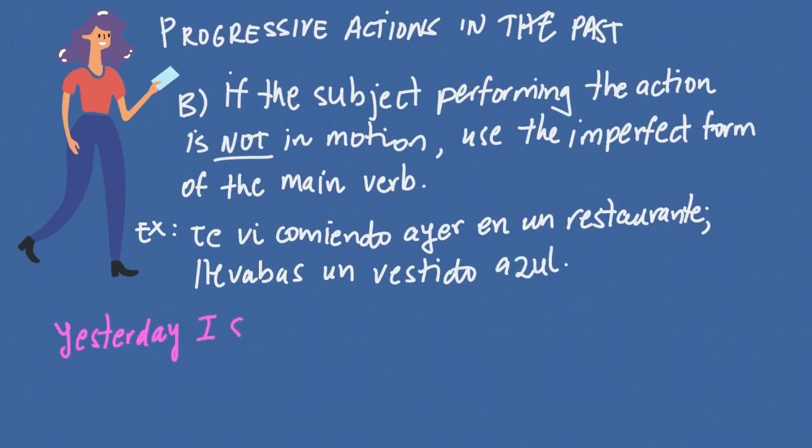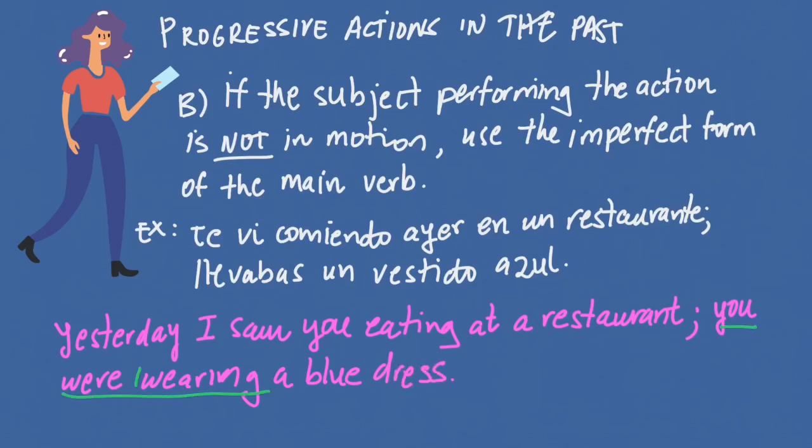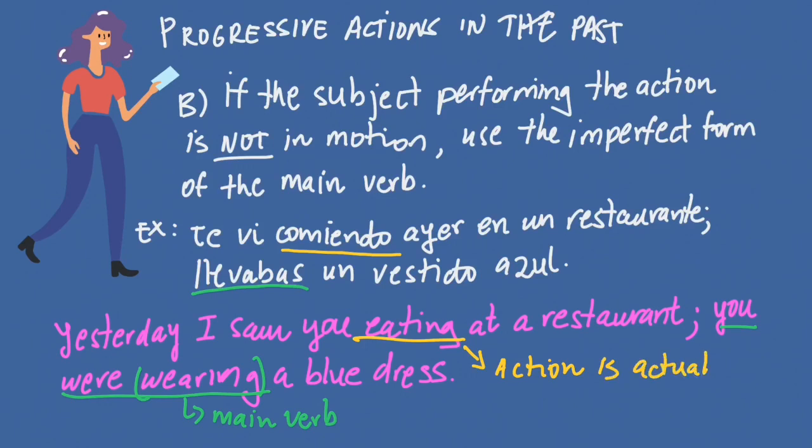In English, yesterday, I saw you eating at a restaurant. You were wearing a blue dress. So because wearing is my main verb, then in Spanish, I simply say llevabas. However, because the action of comiendo or eating is actually taking place when I'm watching you or looking at you, then that verb needs to be in the progressive.